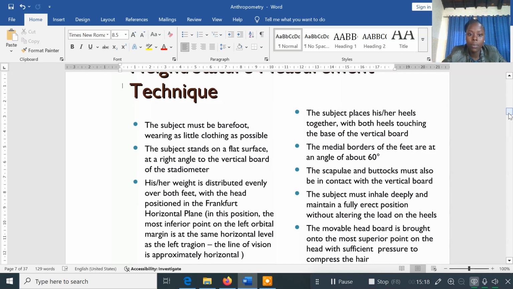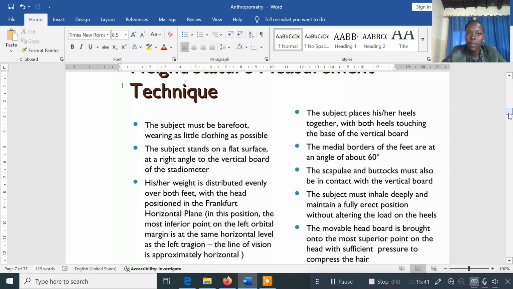Your client has to be standing on a flat surface at a right angle to the vertical board of the stadiometer, okay.